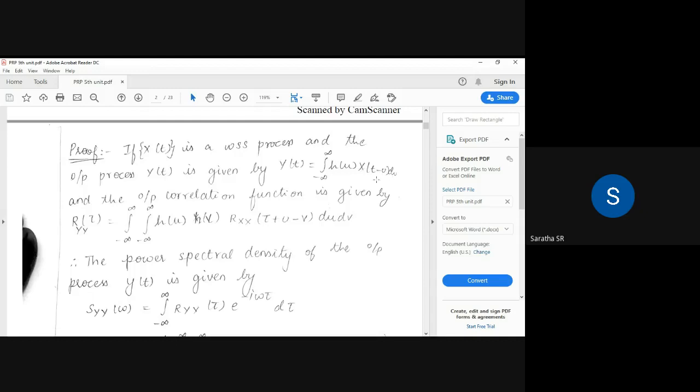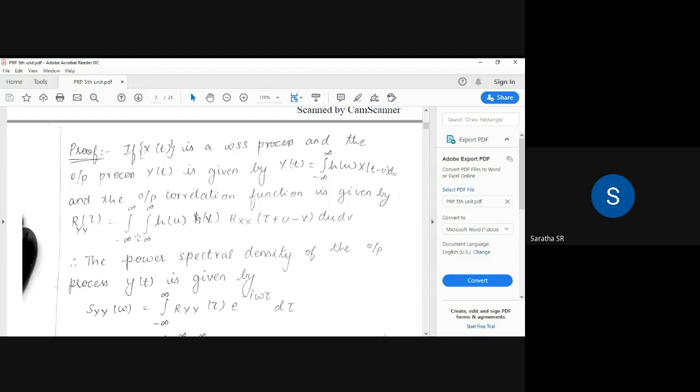Here X(t minus u) is the input function, h(u) is the system transfer function, and the output correlation function is R_yy(tau). We can write R_yy(tau) as E of Y(t) into Y(t plus tau), so we multiply Y(t) and Y(t plus tau) and then take the expectation.